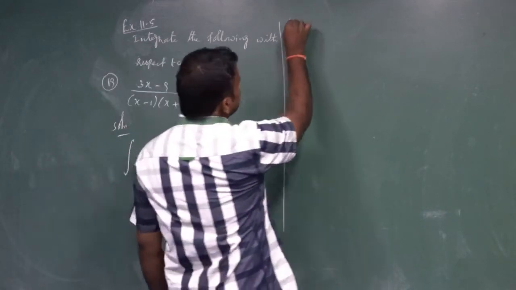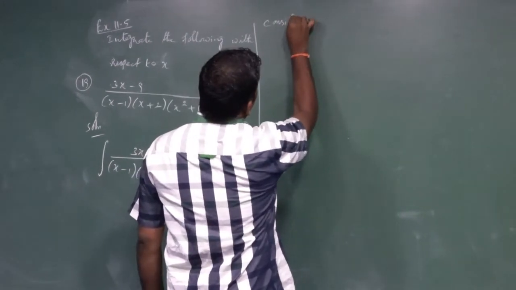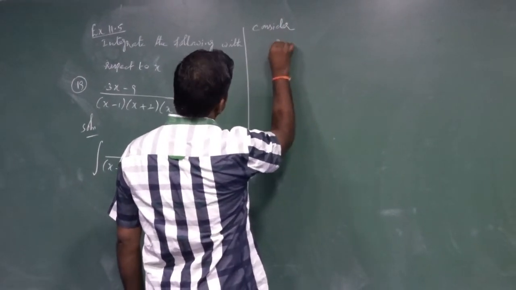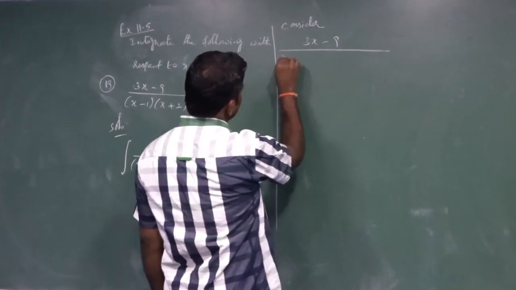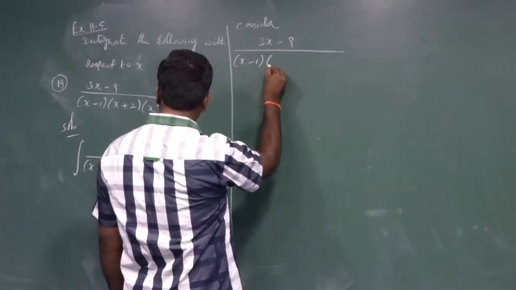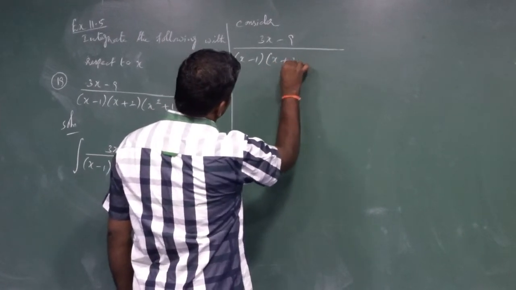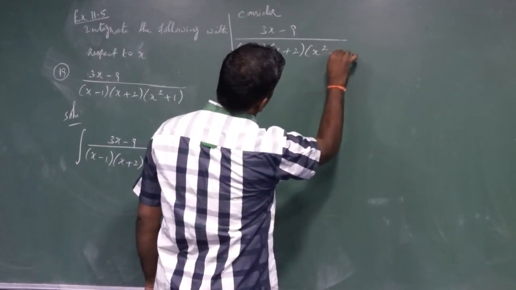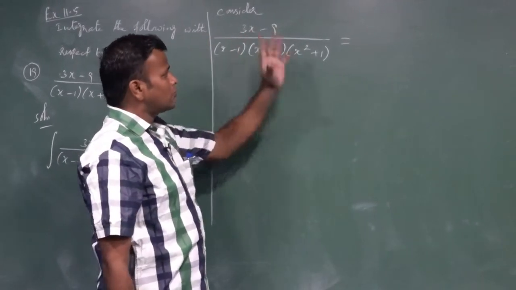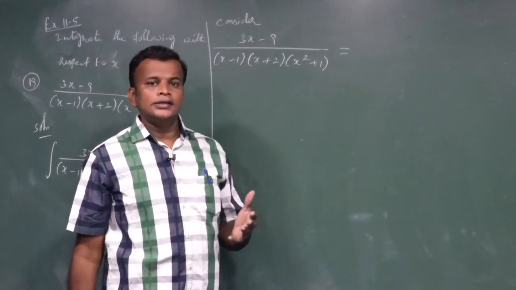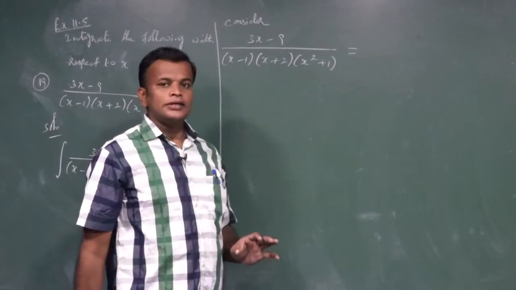So consider (3x minus 9) whole divided by (x minus 1)(x plus 2)(x square plus 1). Now we do the partial fraction here. We already said that for each and every linear factor there is a constant.